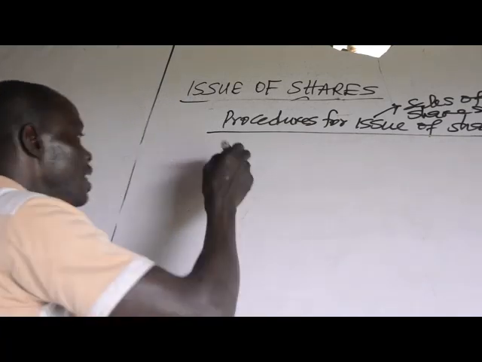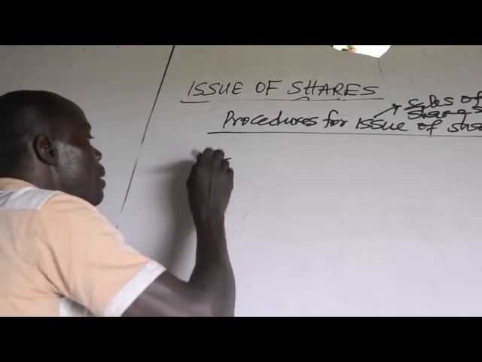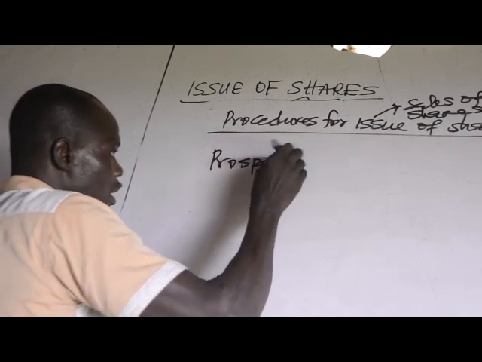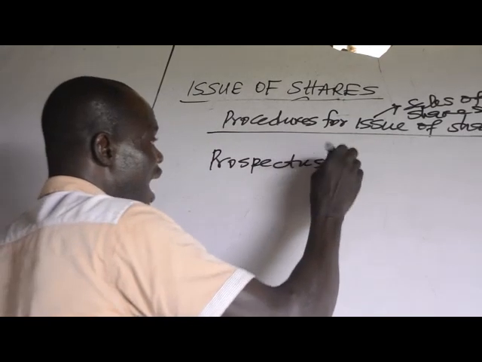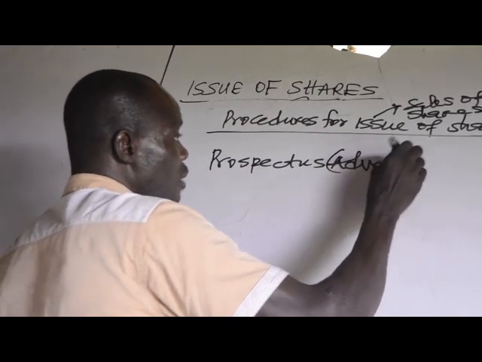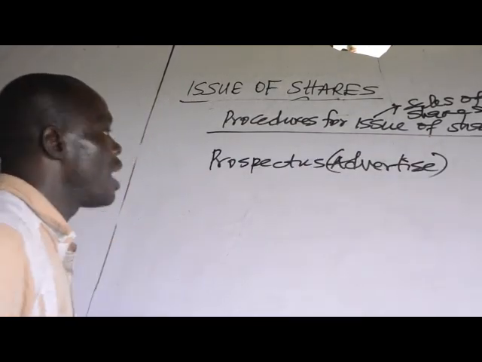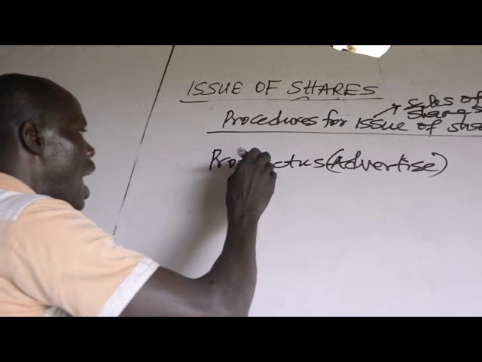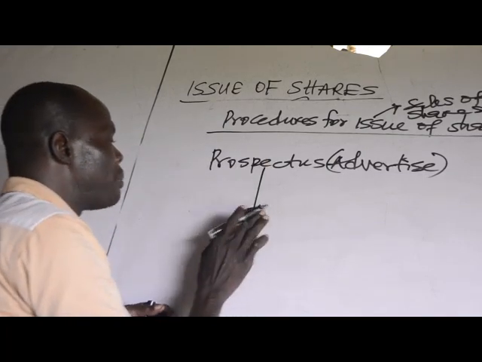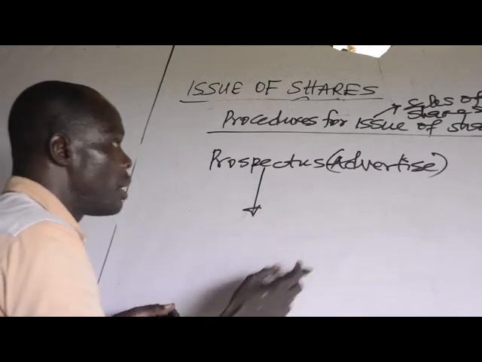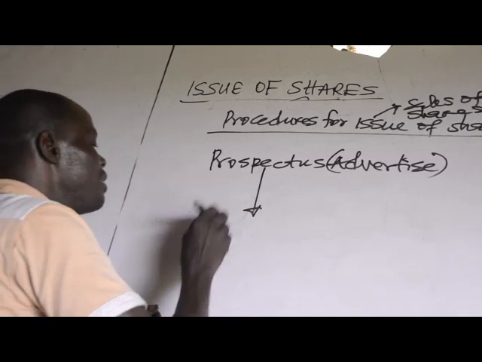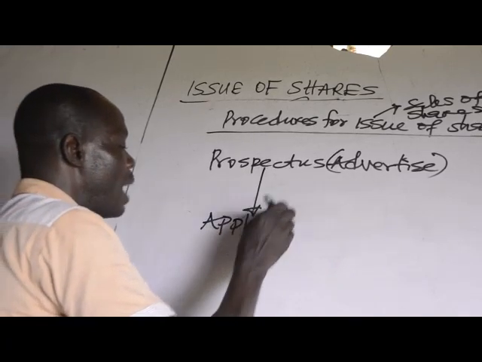The first thing is they will issue a prospectus. Prospectus, that is to advertise their shares. They will advertise the shares through their prospectus. And after the prospectus has been issued by the company, they will now be receiving applications from the applicants.